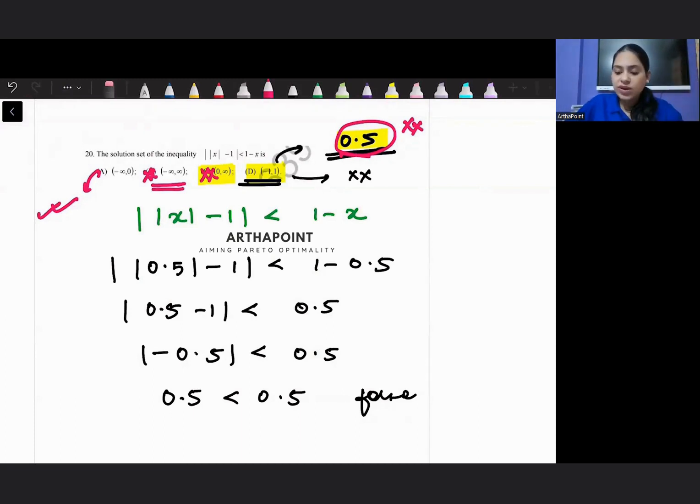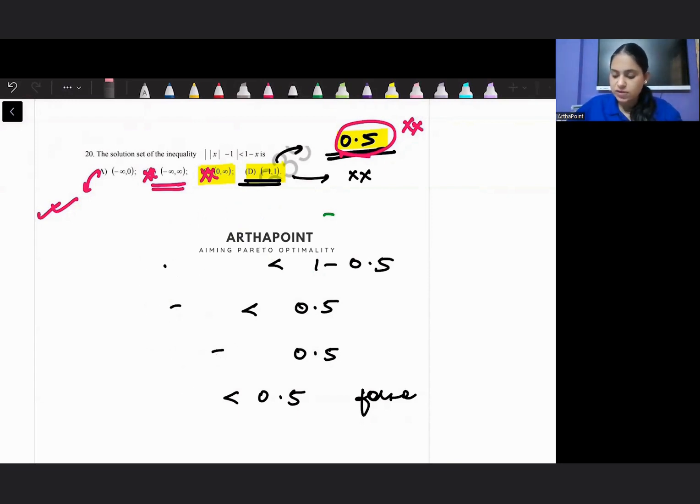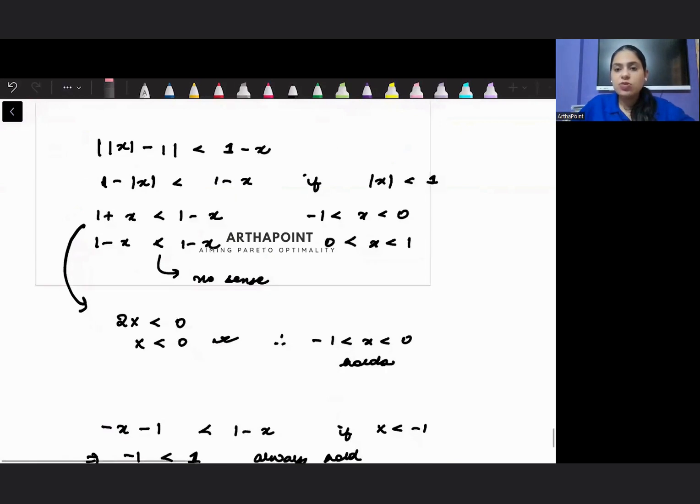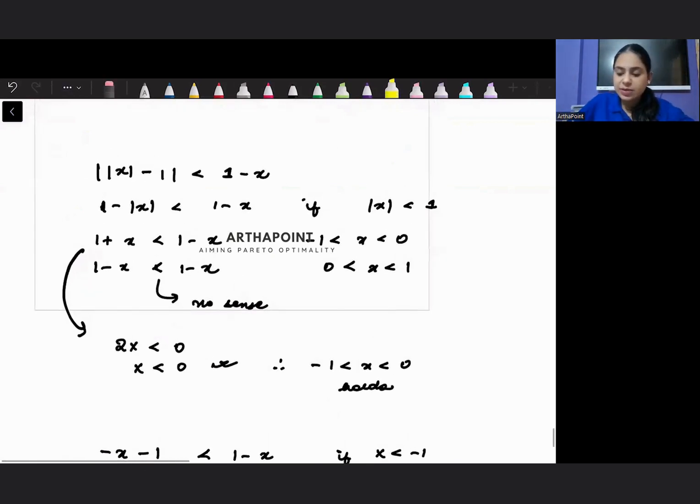Now you can also go through the actual mathematical process of solving this. Am I right with that? Okay. So you're given that this is your inequality.